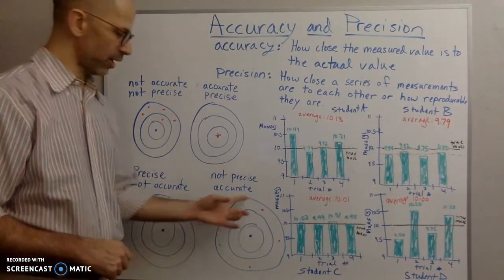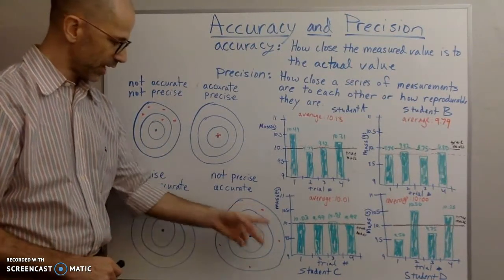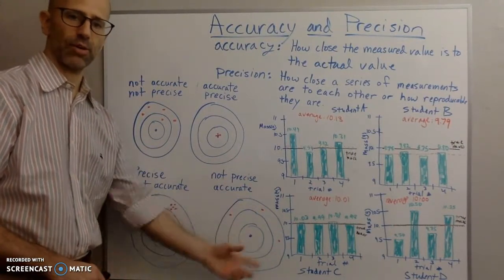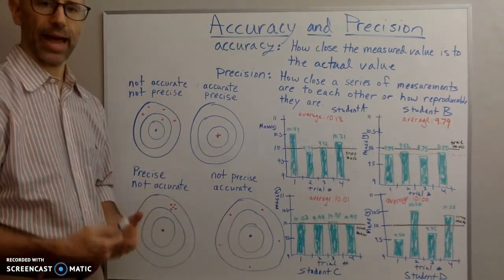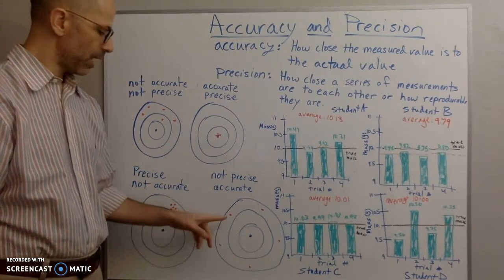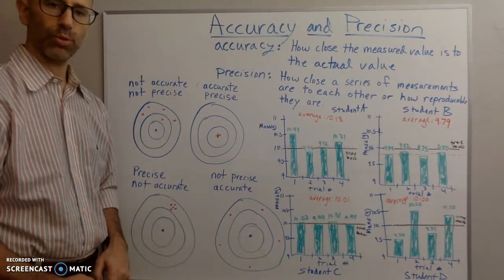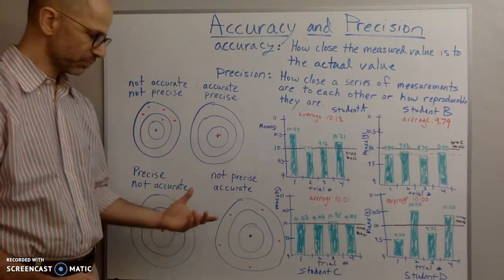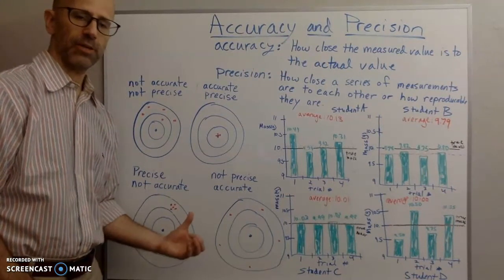Now here, this is an interesting situation where the data points are all very far from each other. So this is not precise data, or the shooting is not precise. And you might say that it's not accurate either, right? That might be a conclusion to come to. If we're looking at each individual data point, we would say, yeah, each individual data point is not accurate. However, if you take the data points together and you average them, right?